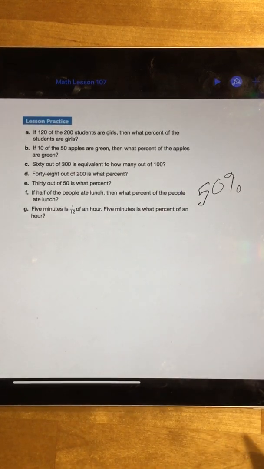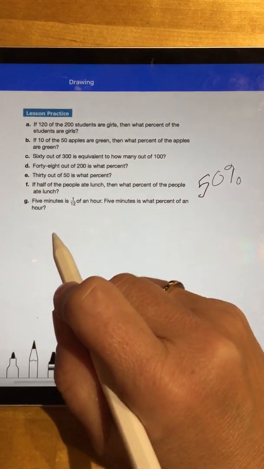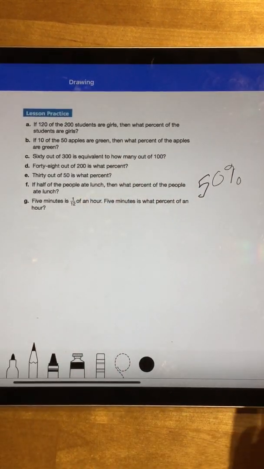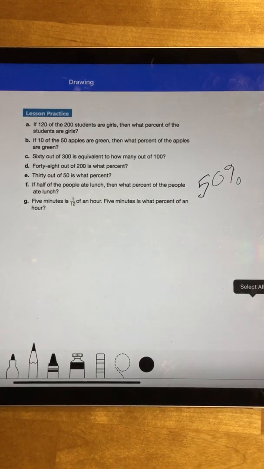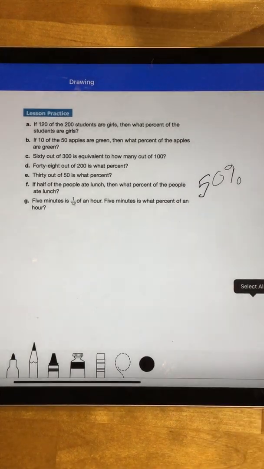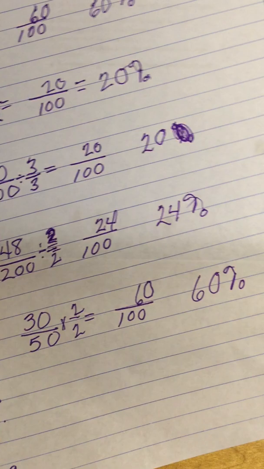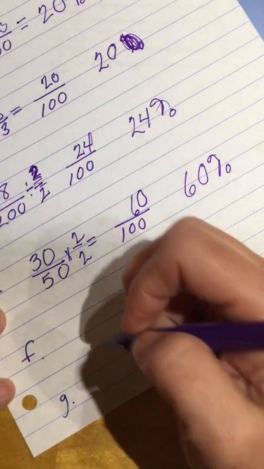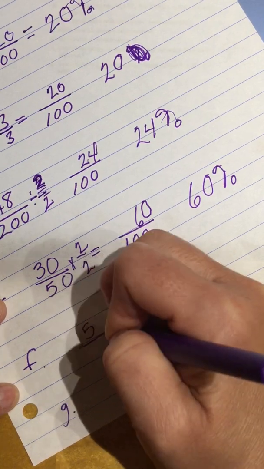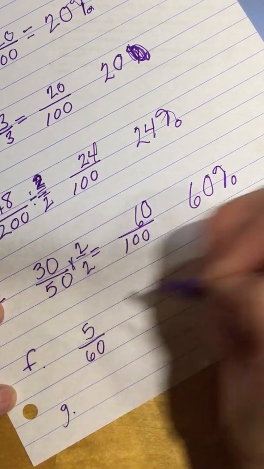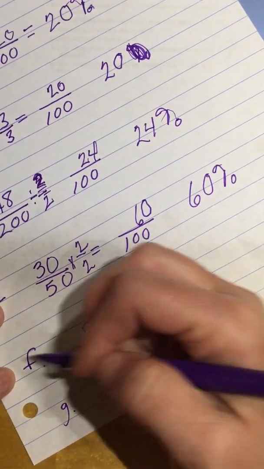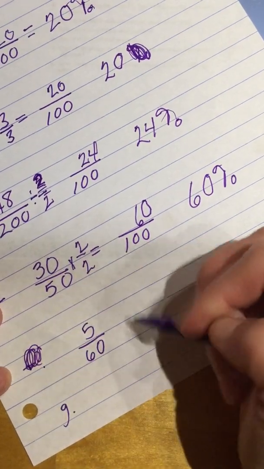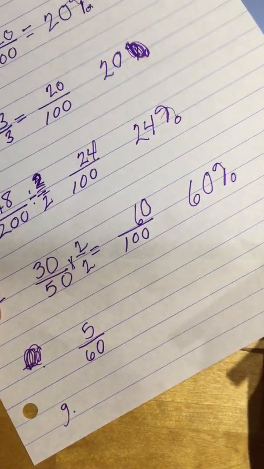I actually will have the fraction of 5 over 60, correct? So I'm going to do this on my piece of paper. 5 over 60. All right, because this is 5 minutes of 60 minutes.